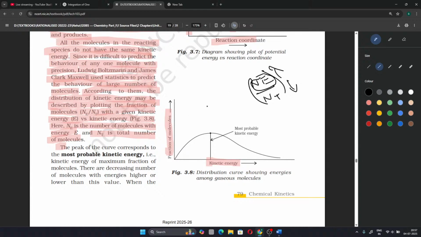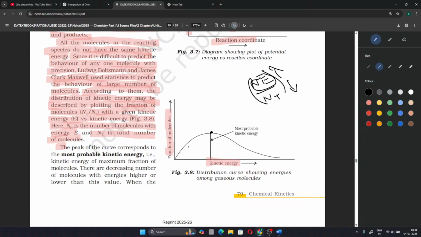The number of molecules having 0 or 1 joule per mole energy, there might be some 20 molecules, and it will be somewhere here, and the molecules having 30 joules of energy, which may be 300, which may be here.